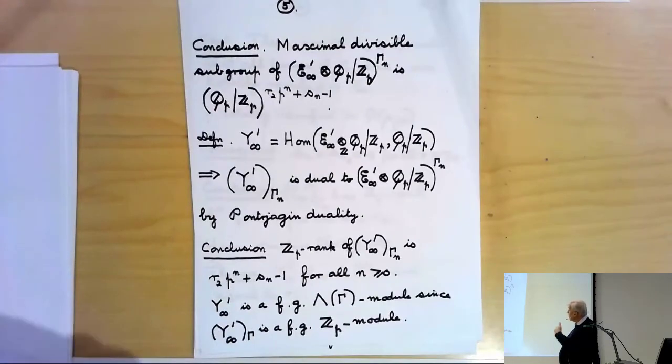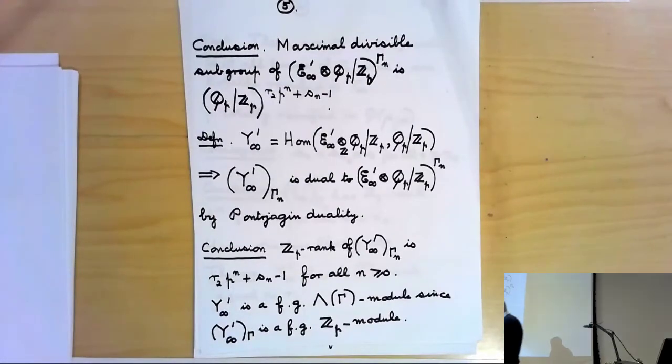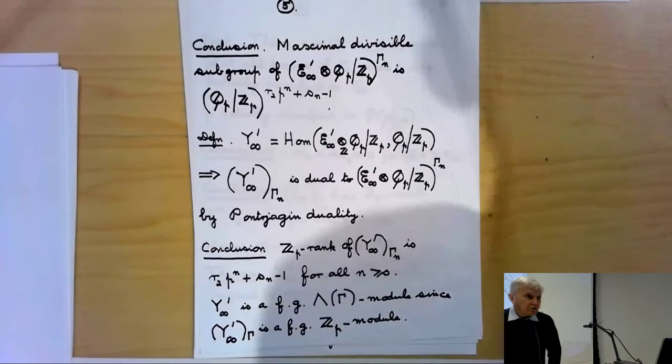So now what we're really interested in, so these are discrete P primary modules, but we now want to pass to the Pontryagin dual of that. So Y infinity is the homomorphisms of E infinity prime tensor Qp mod Zp into Qp mod Zp, so that will be a compact module now.